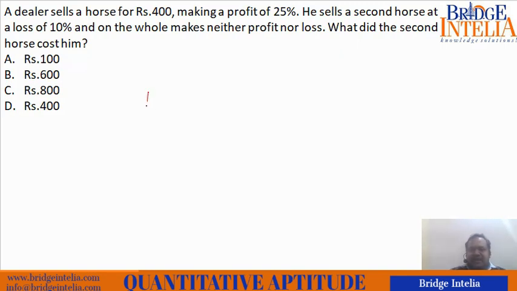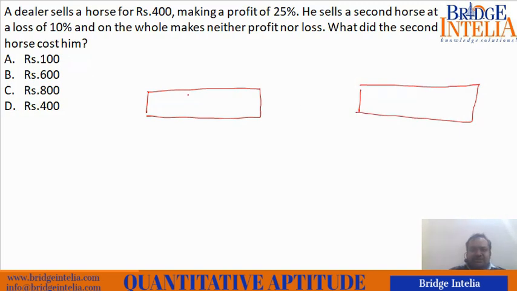A trader has sold 2 horses. The first he sells for rupees 400, and on selling it for rupees 400 he has made a profit of 25%.